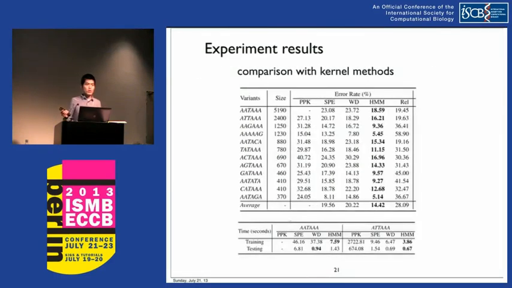And compared with popular string kernels, our method also wins by a large margin. In addition, the training time for our method is significantly lower than that of those string kernels because their complexity is n squared.